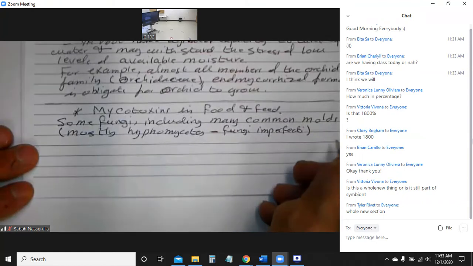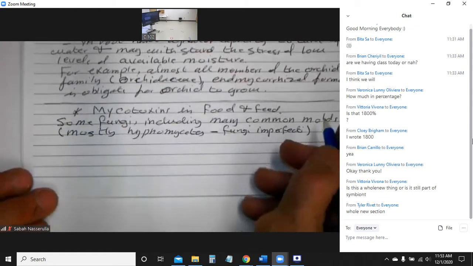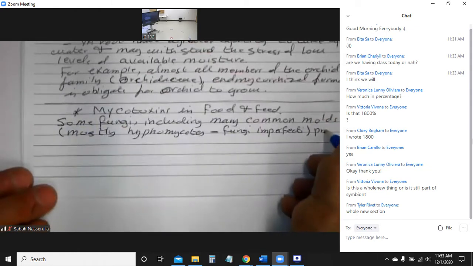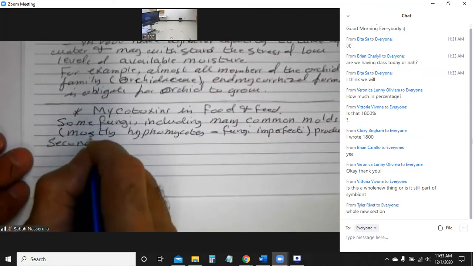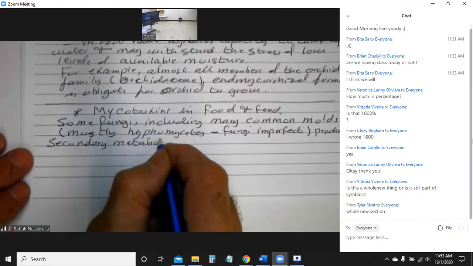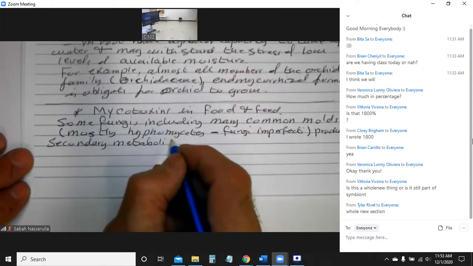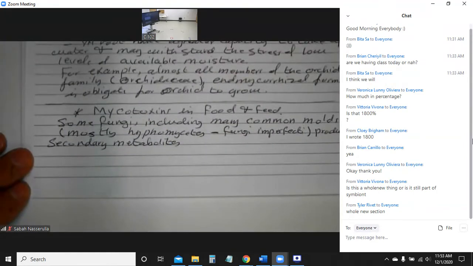Now all these sometimes produce these phenolic compounds, coumarins, and others, known as secondary metabolites. As a matter of fact, all the oils and scents are secondary compounds that plants produce for many purposes.